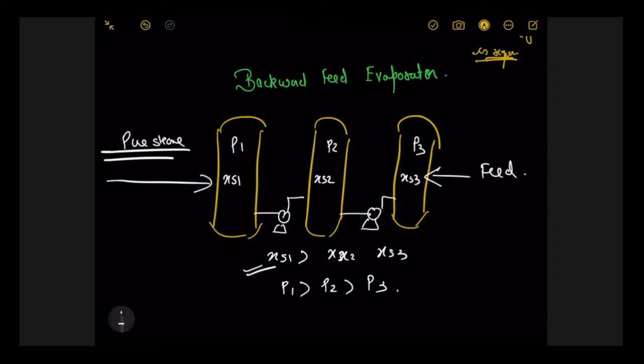It means that if some substance has a huge amount of solid, it will be difficult to use a backward feed evaporator. So what is the advantage of the backward feed evaporator? The system which contains a high amount of solid is getting pure steam. Got this point, everyone?